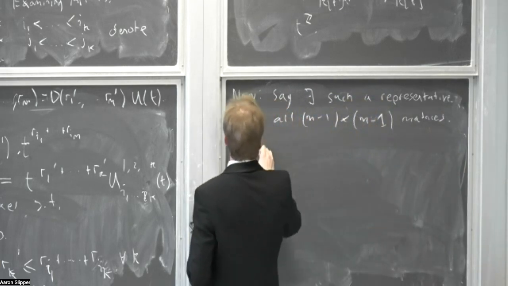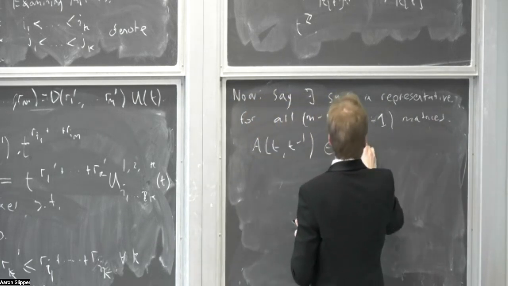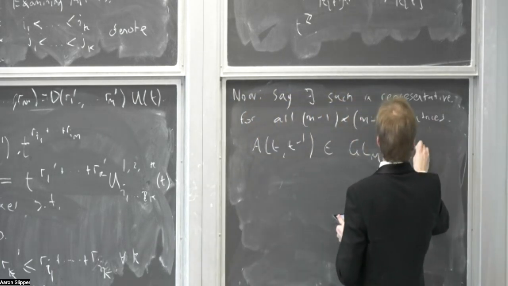And say we're given some A in GL_m of K[t, t inverse].